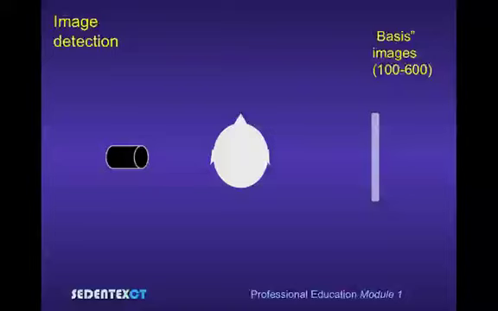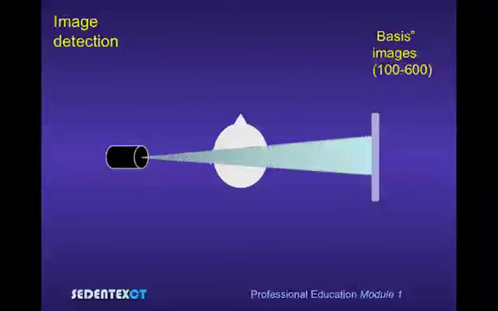In cone beam CT, the X-ray source and the image receptor will rotate around the patient's head, while a series of two-dimensional basis images are produced. The number of basis images varies from anywhere from 100 through to 600, depending on the equipment, the manufacturer, and so on.